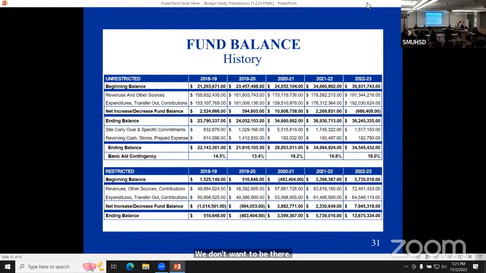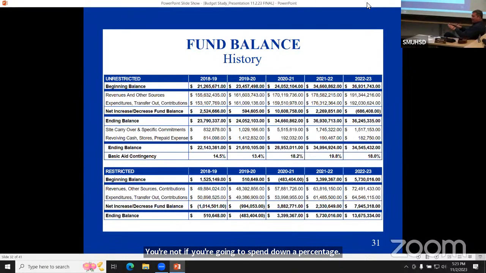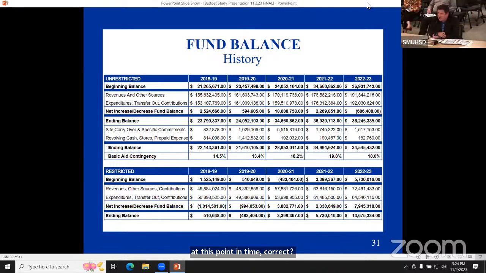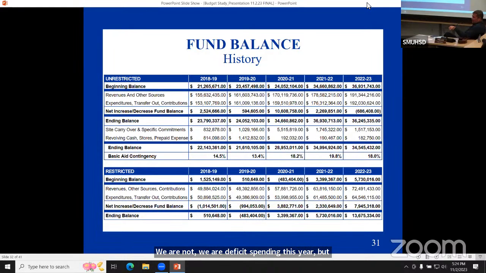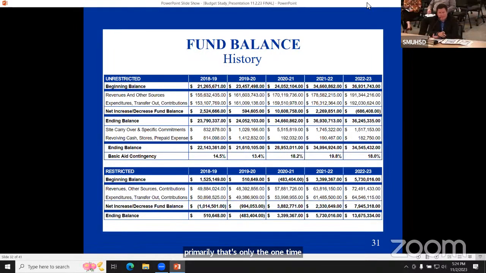And yes, you need to think of it differently. If you're going to spend down a percentage and we're going to use it for salary, we have to be very careful what that's going to look like. We are not deficit spending at this point in time, correct? We are deficit spending this year, but primarily that's only the one-time funds.